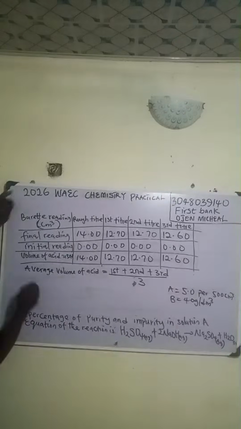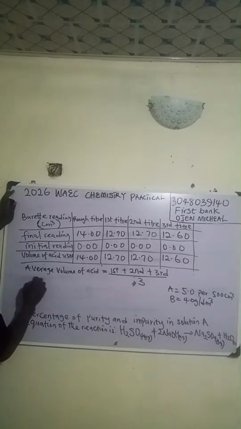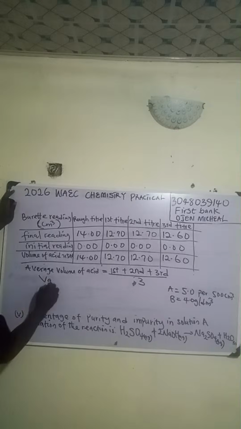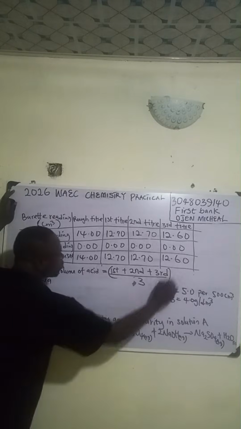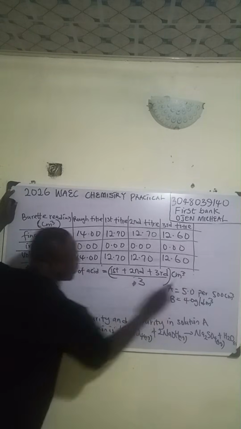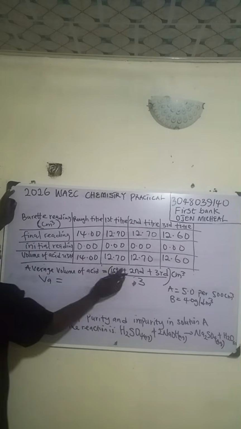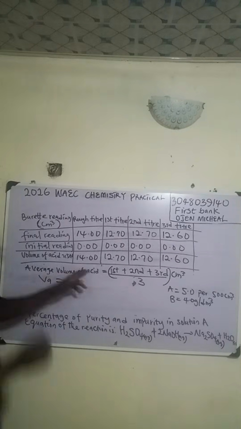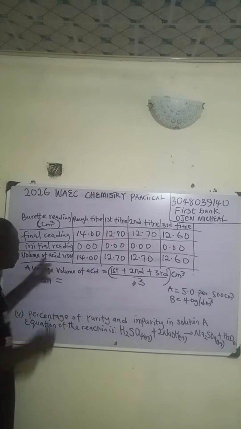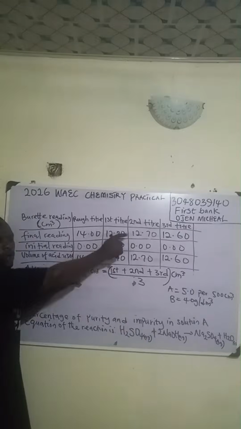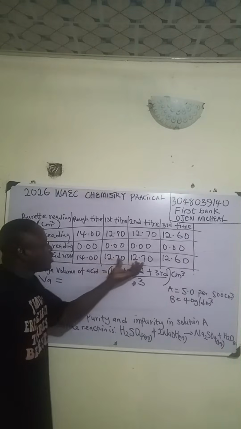Now, the average volume of acid will be what? Average volume of acid, you say VA. Remember, after everything, just bracket and put the word CMQ. Very, very important. The VA will not be the first item. Average volume of acid means that you are using the volume of acid. Don't come and use the one of the base. Volume of acid, this is the value that you are using.